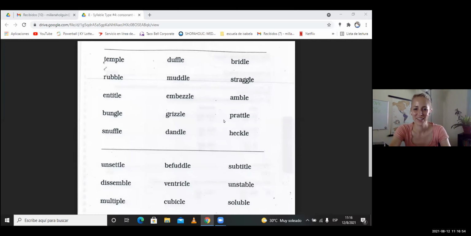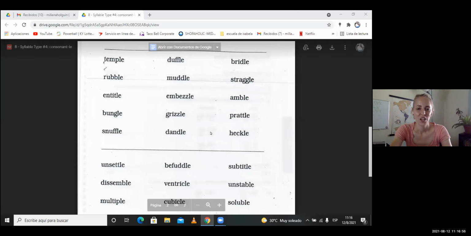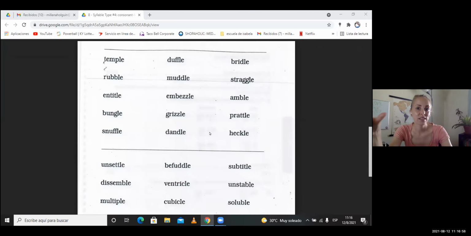Let me jump in here if you can hear me okay. We're practicing this syllable, the consonant-LE syllable at the end of the word. But don't forget about the front of the word. The front of the word is still following the syllable types 1 through 3. So we don't want to forget the pronunciation of those sounds.